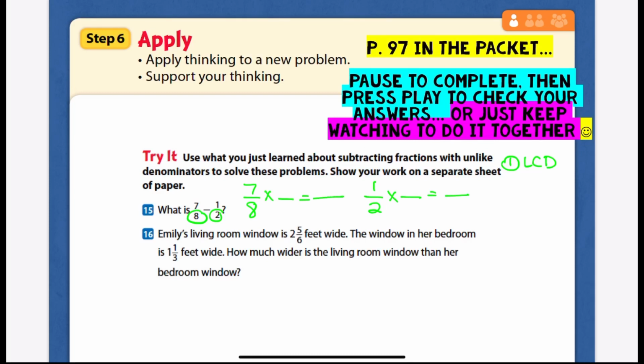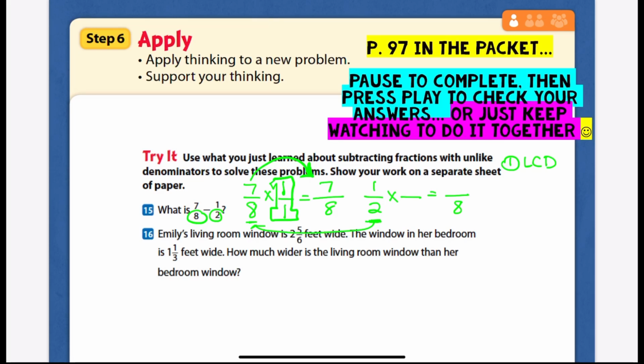I already see this is easy. When the smaller denominator goes into the bigger one, it is a multiple, so let's just choose the larger denominator. So 8 times 1 gives us 8. That means we multiply 7 times 1 because that's the value of 1. It doesn't change it, just gives us an equivalent fraction. So 7 times 1 is 7.